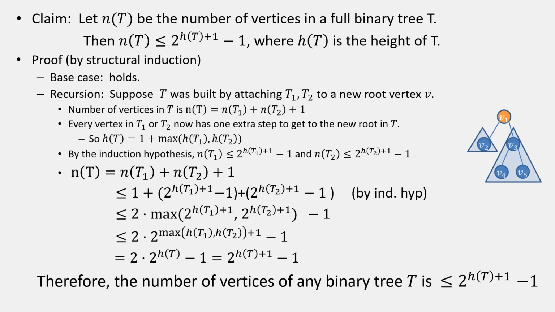So now finally we see that the resulting expression is 2 times 2 to the maximum of the two heights plus 1, and we know that the maximum plus 1 is h of T, so we can replace it with h of T. We do have the minus 1 where it's supposed to be, and the 2 in front of the expression, 2 times 2 to the maximum, can now be brought up in the exponent and it becomes plus 1.